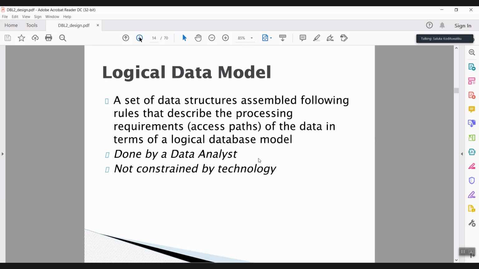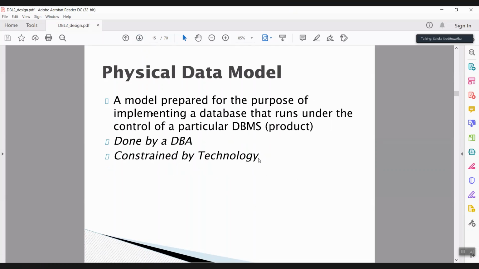the quality of the logical data model. Usually the physical data model is done by the database administrator, but obviously the physical database design depends on the available technology.